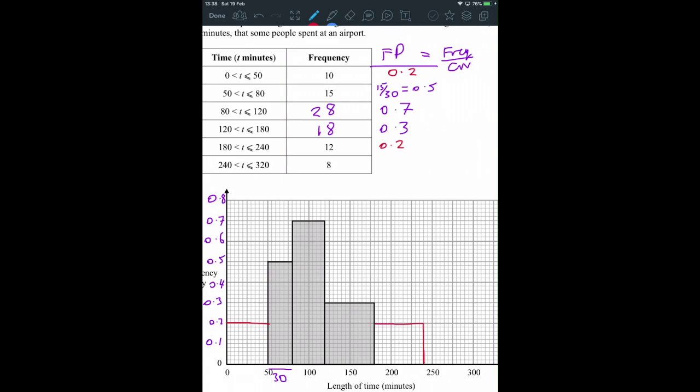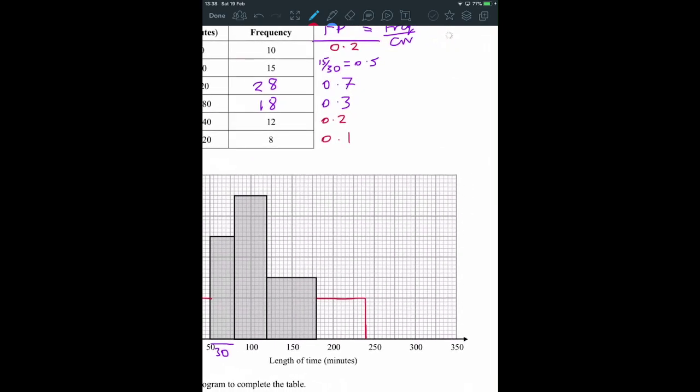Finally, we've got a frequency of 8 divided by a width of 80 this time, and a height of 0.1. 240 to 320 has a height of 0.1, as so.